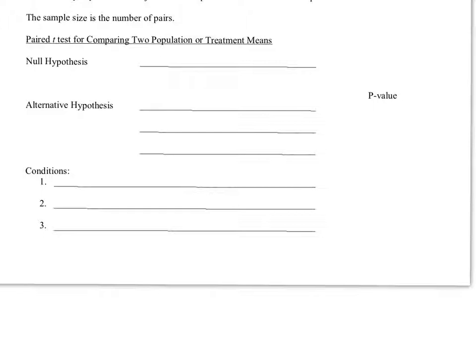So like the other hypothesis tests that we've done, you're going to start with the hypotheses. So H0 is going to be that mu for the differences is going to equal some hypothesized value. This will usually be 0. There are 3 options for the alternative hypothesis.